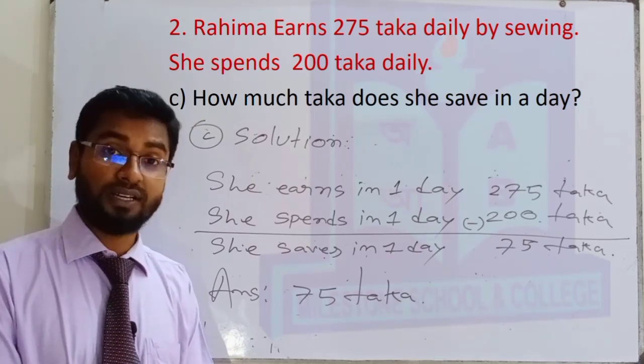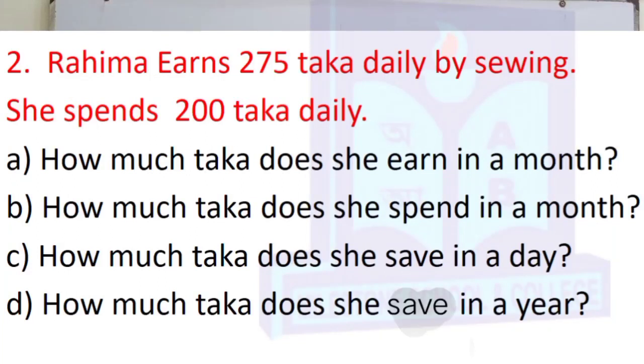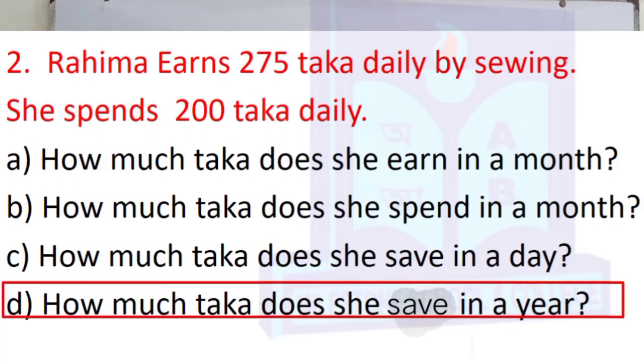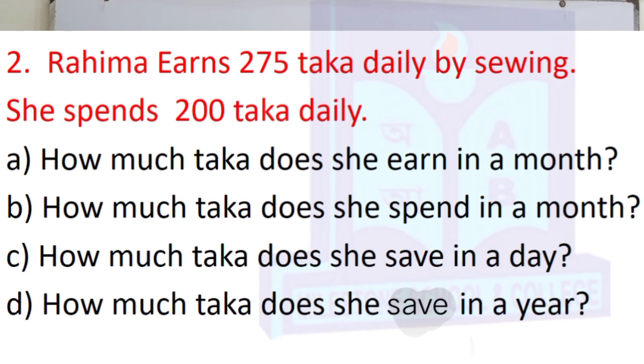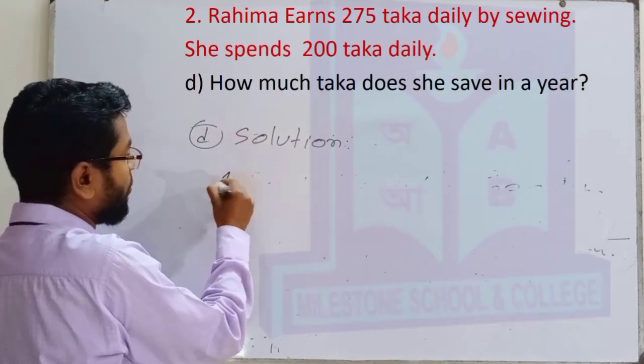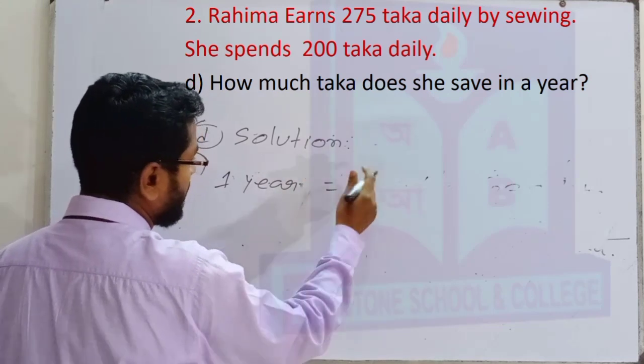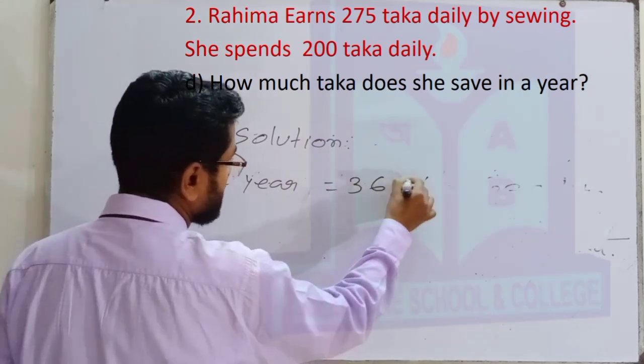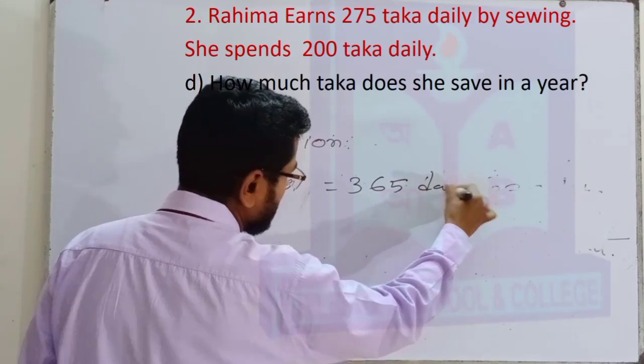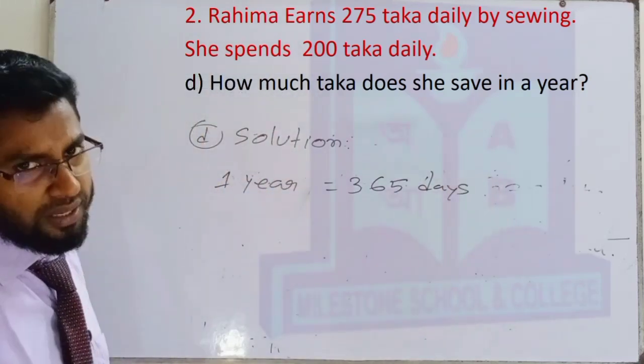Now, the third question. Again, you have to read the question properly. In 1 year, how much taka can she save? We know 1 year equals 365 days. Yes, you can find out another way.